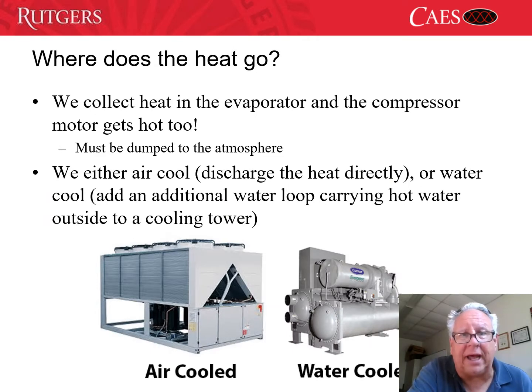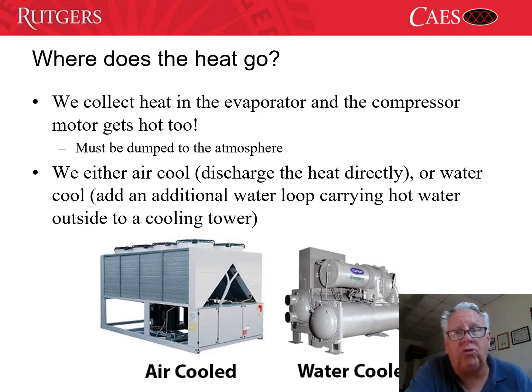So let's not forget that the purpose of a chiller is to suck energy from a cooled space, and it comes into our cooler system, and somehow we now need to reject it or dump it back into the atmosphere. Two classic ways to do this. We can do this with essentially a radiator in an air-cooled type of chiller system, or we can use a cooling water loop where we would take water from a cooling tower and bring it through the chiller to take that energy out of there.